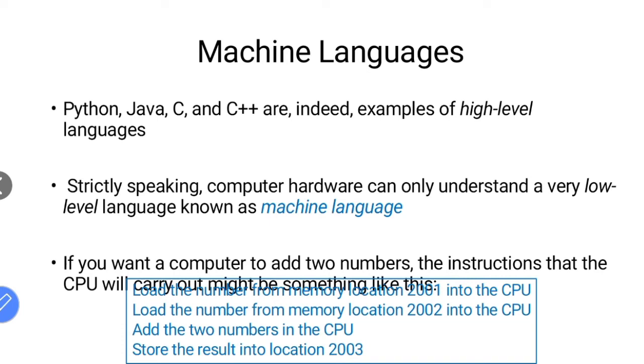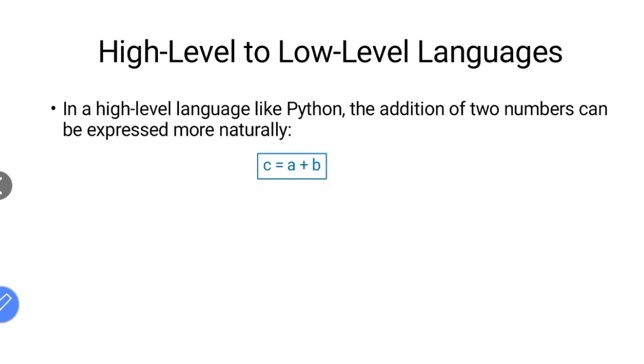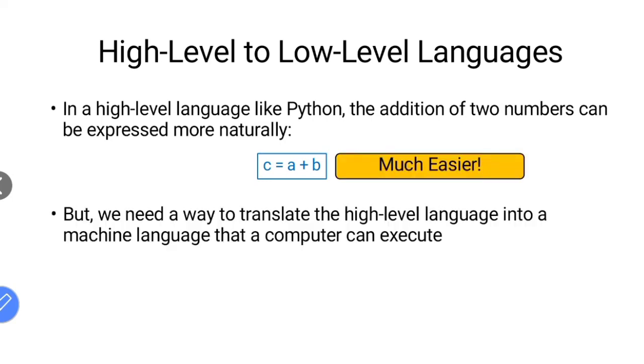Now load another number from a memory location into the CPU. Add those two numbers in the CPU, store that result into memory location 2033. A lot of work. Now in a high level language it is easily understandable, just like C equals A plus B, whether it is Python, C, C++, Java, anything. Much easier.